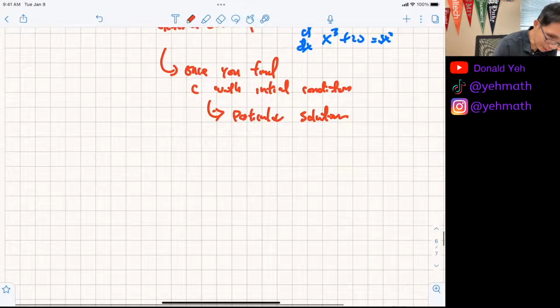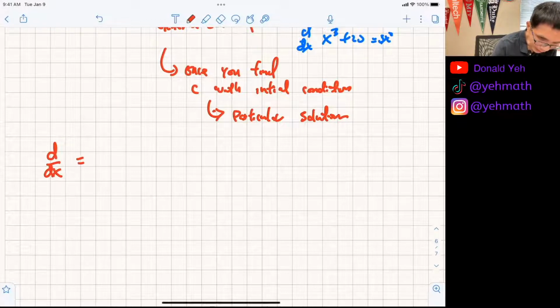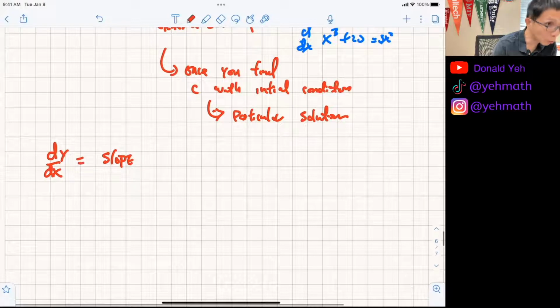So what is the definition of antiderivative? We're also going to talk about how dy/dx is equal to what? Slope, right? What else? One major word is slope. Another major word is what? Rate of change. Good.